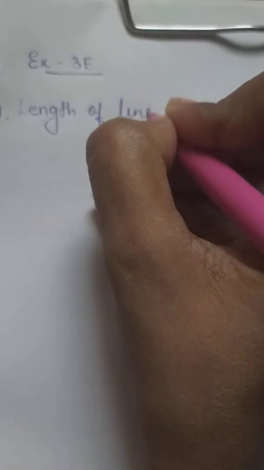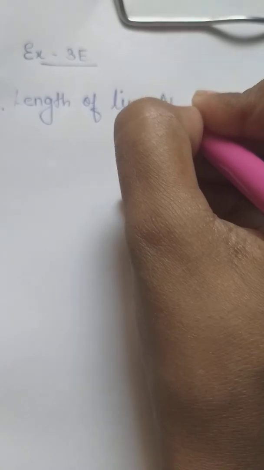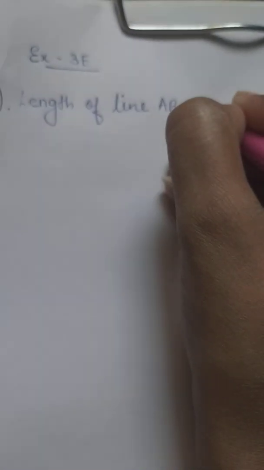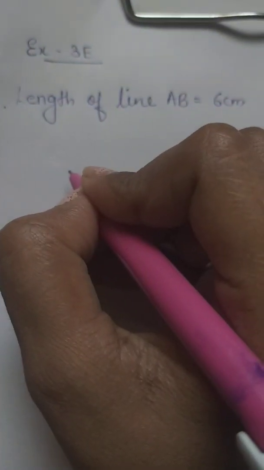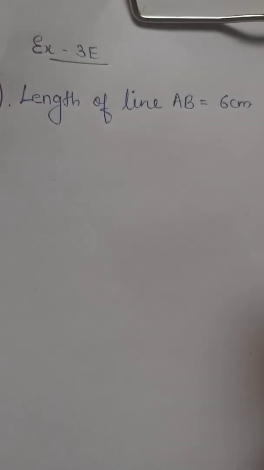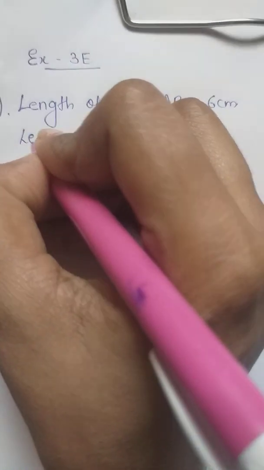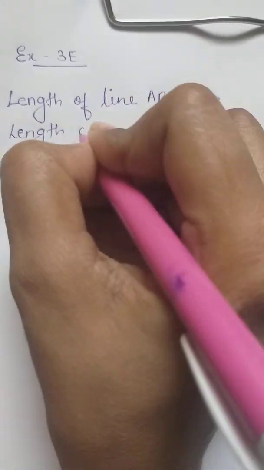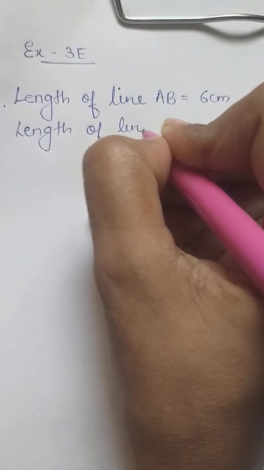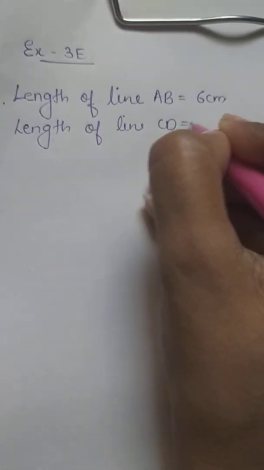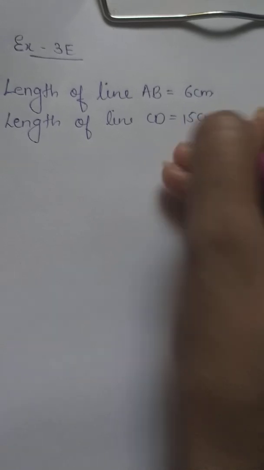Firstly we'll write: length of line AB is equal to 6 centimeter. Then length of line CD is equal to 15 centimeter.